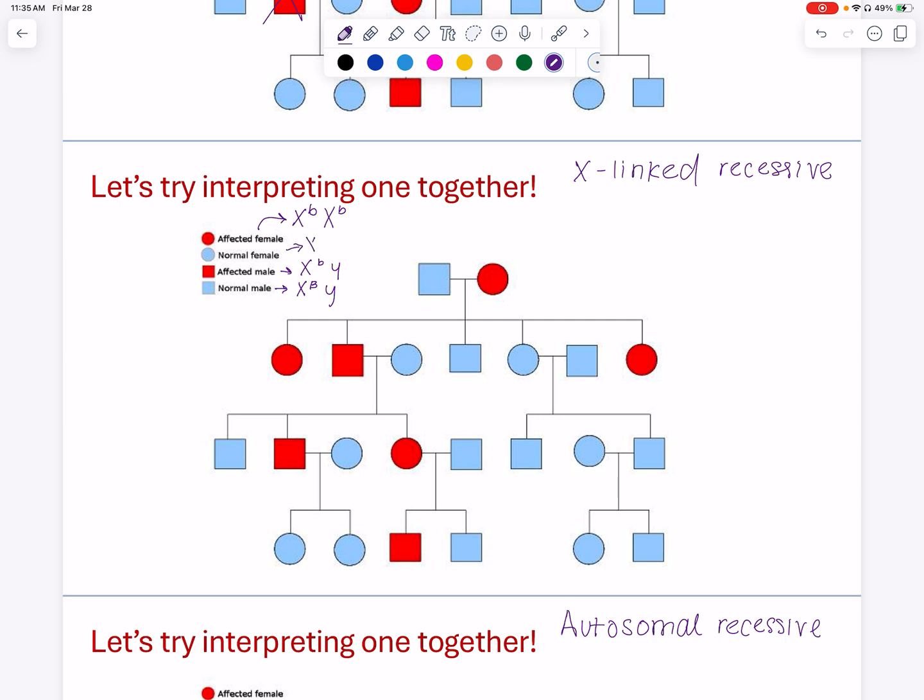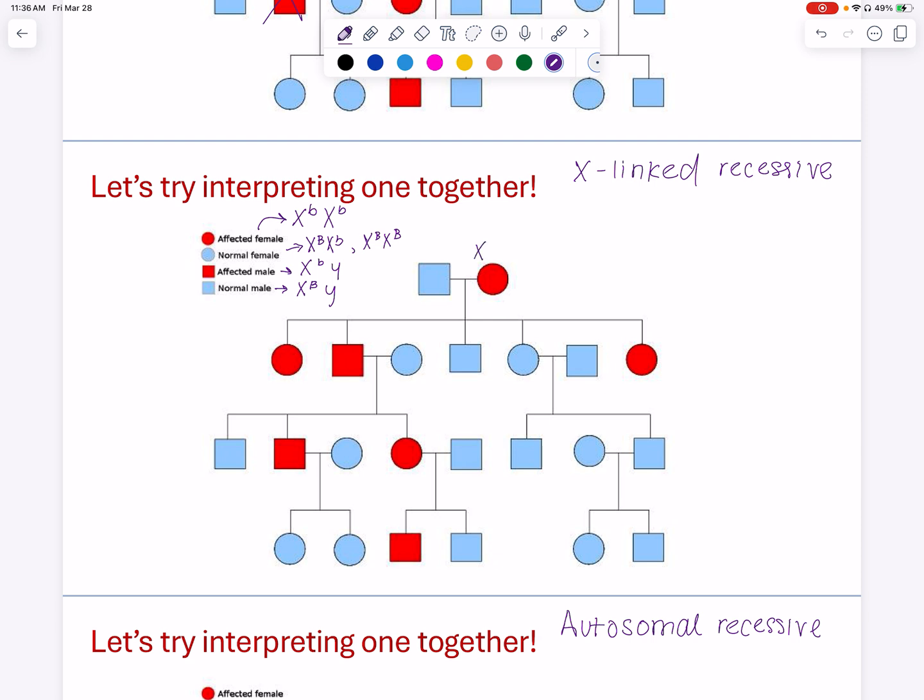So they would be either X big B, X little b, or they could potentially be X big B, X big B. So now we can honestly look through this and insert a number of these genotypes without really even thinking about it.